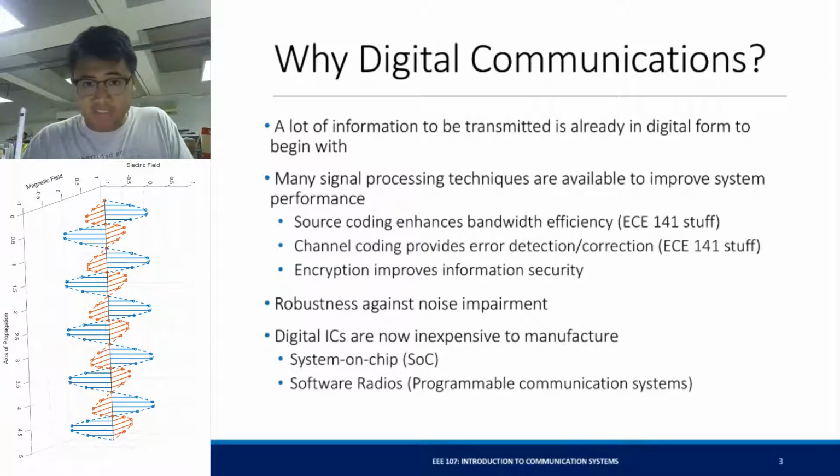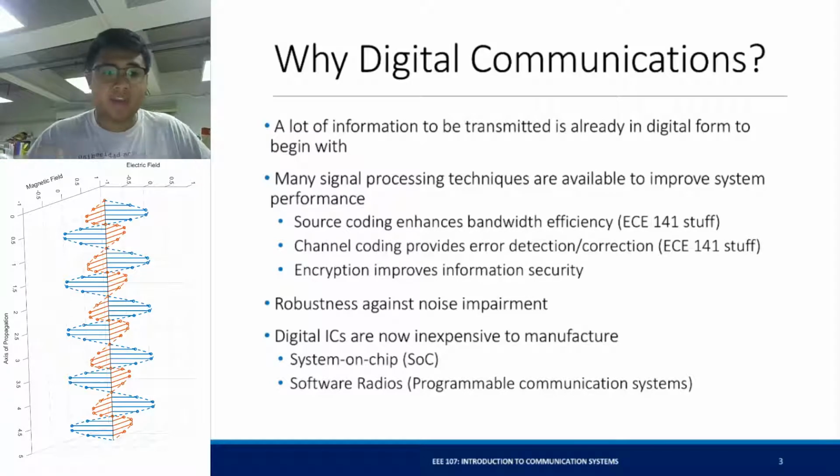So what are these signal processing techniques? This is your source coding, channel coding, and encryption. Okay, and these are all present in digital communication systems. Your source coding enhances your bandwidth efficiency, how much data can you pack in the bandwidth, and you can transmit that.